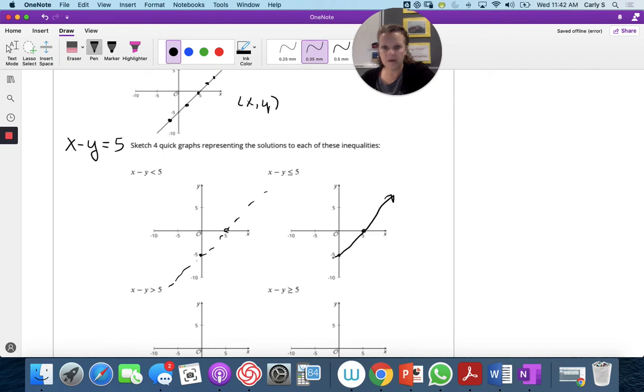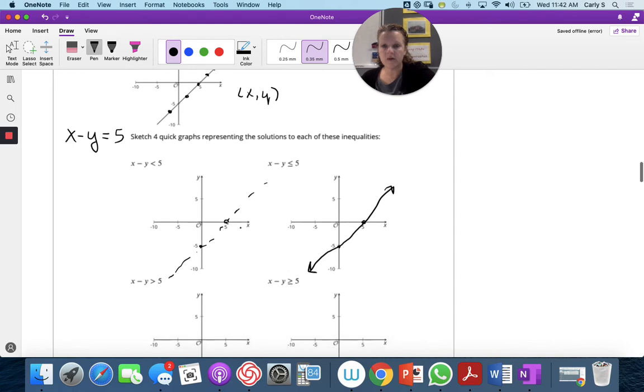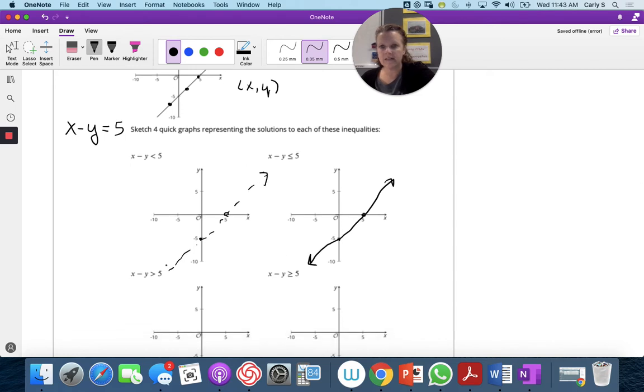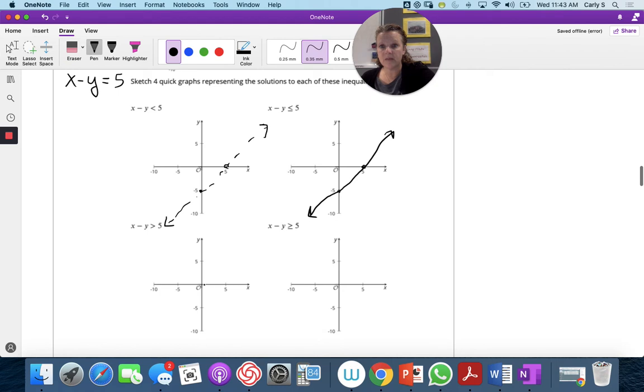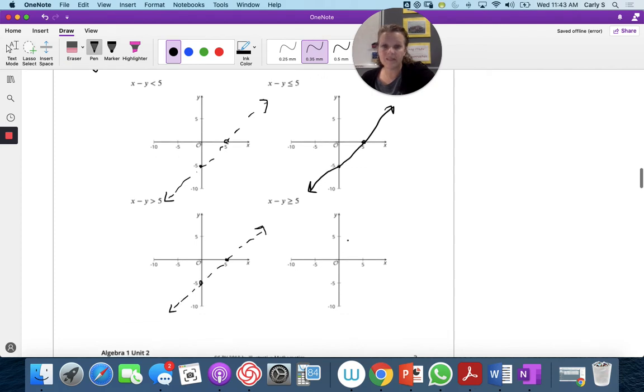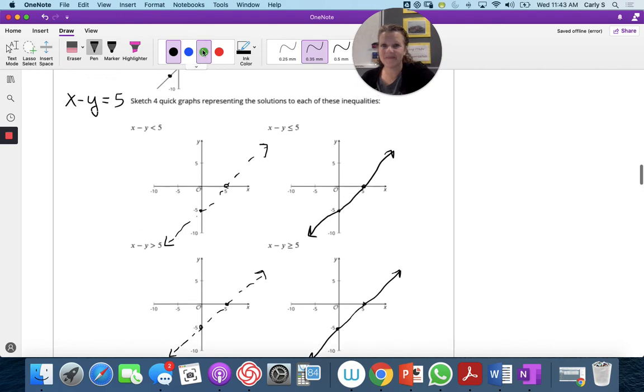And I'd love it if you guys would notice I'm drawing a dashed line and a solid line, and maybe you could figure out why I'm doing that. Maybe you can see the pattern. Why am I doing that? Let's not use green.